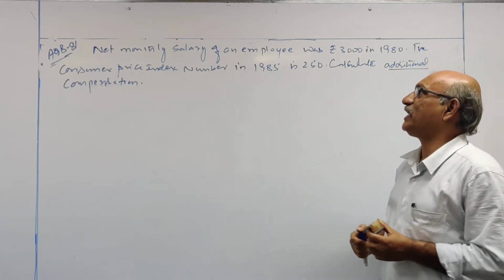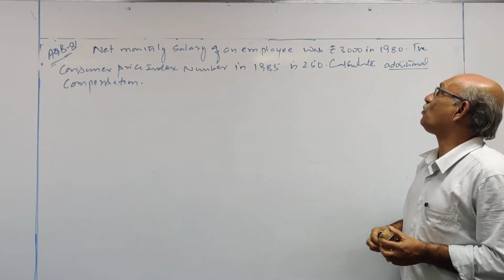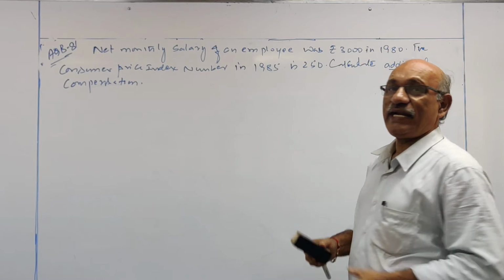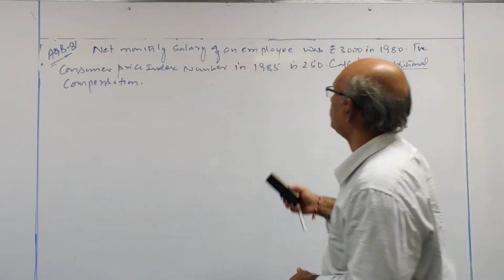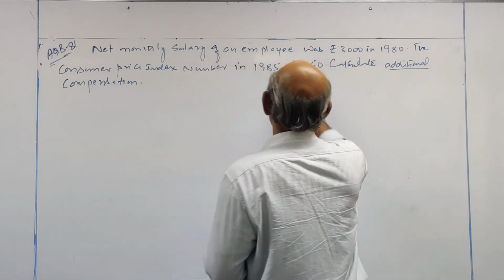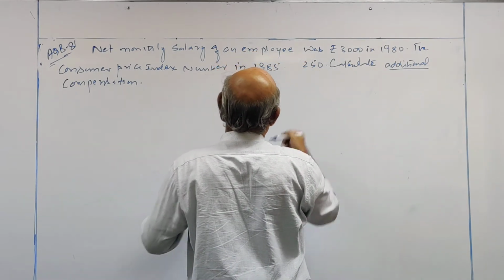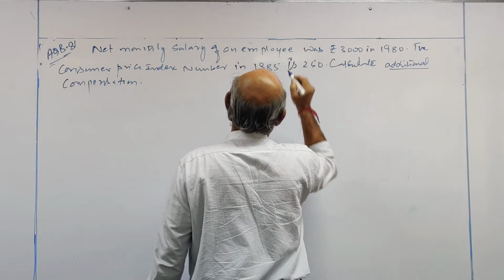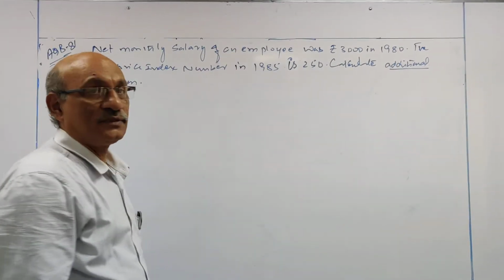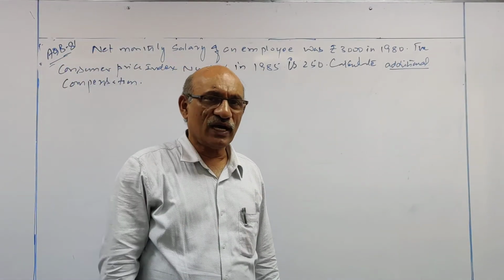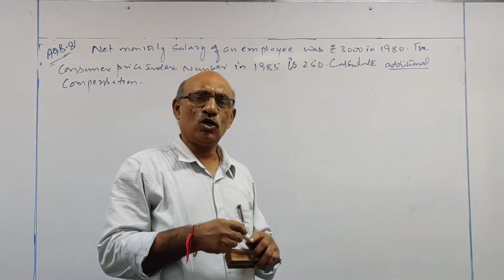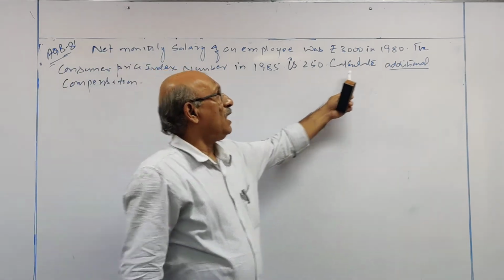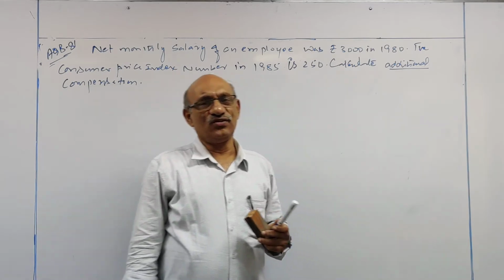Look at the question. Net monthly salary of an employee was rupees 3000 in 1980. The consumer price index number in 1985 is 250. It means the index number of the current year only is given. The index number of the base year is not given. No problem. Calculate additional compensation.